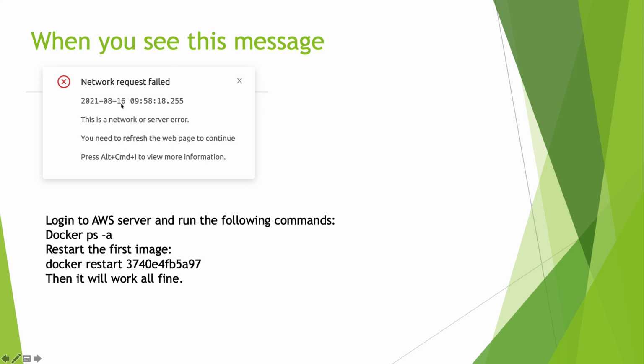If you see the message "network failed, request failed" when you access our admin portal or FE portal, it is because there is something wrong with the blockchain backend server. What you need to do is log into the AWS server and run docker ps -a, and then restart the first image, and all things will work fine.